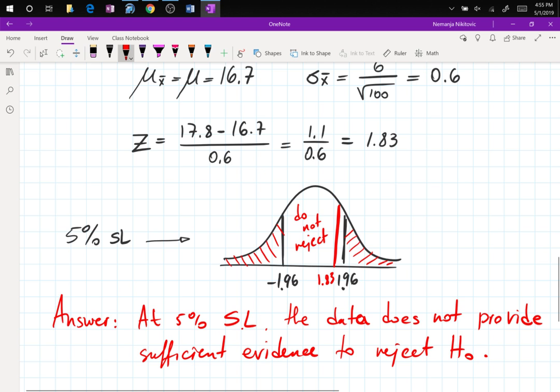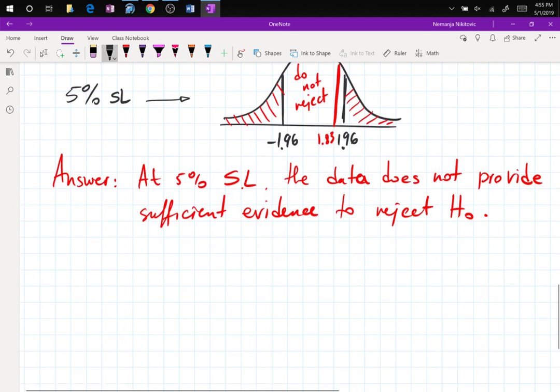Now, would it work out if we said, does it provide sufficient evidence to show that the mean is actually larger? We have to redo the calculation because you don't have the 1.96 anymore. So what I'm doing now is I'm modifying the problem.